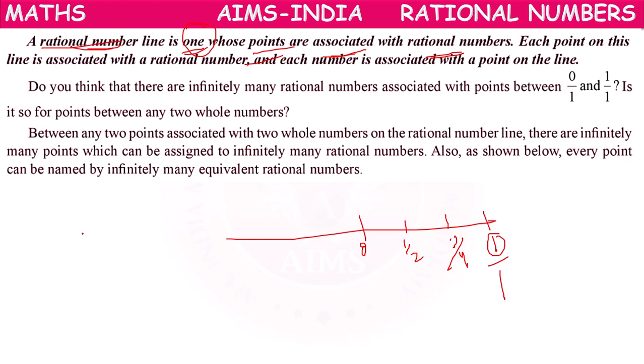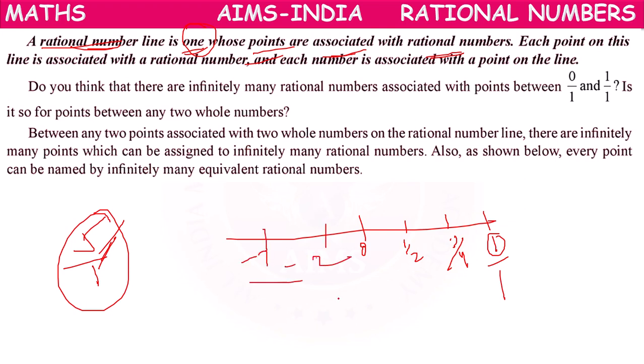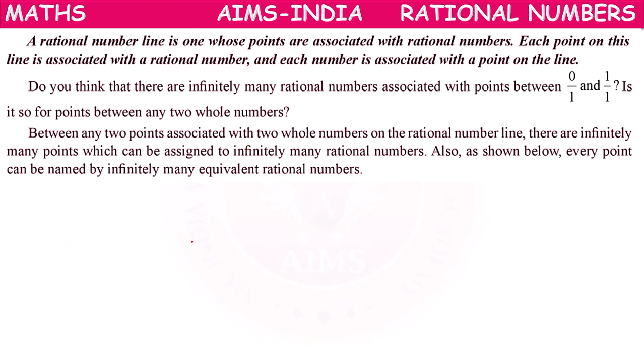Every integer, you can take any integer, we can keep by 1 and we can represent it as a rational number. So a number line consisting of all rational numbers is called a rational number line. So each point is associated with a rational number, and each rational number is associated with a point.